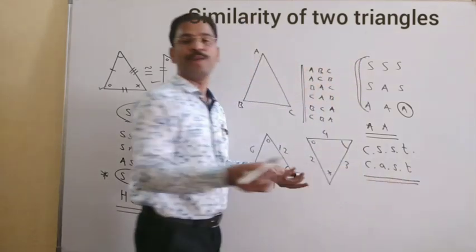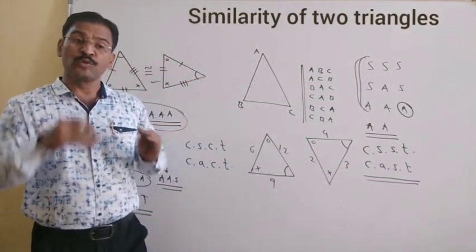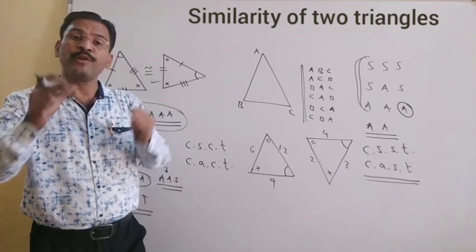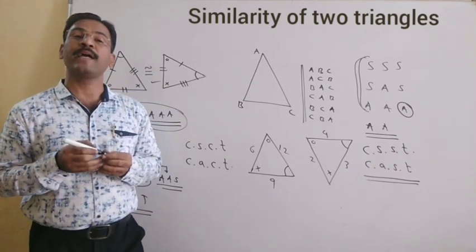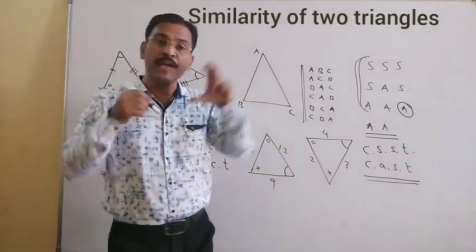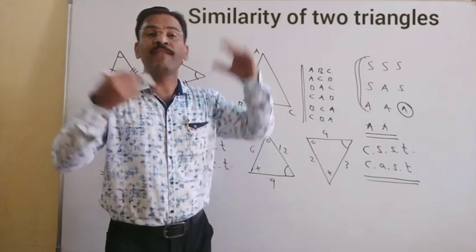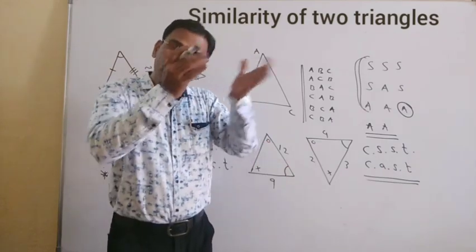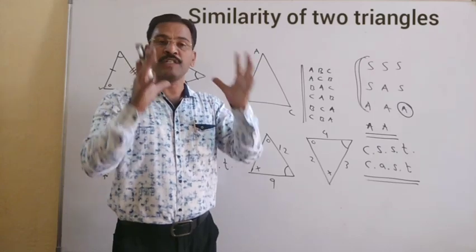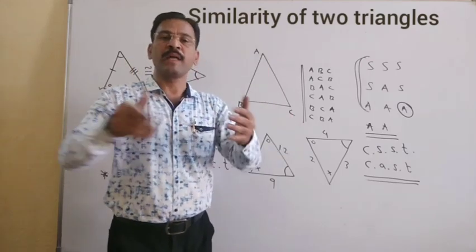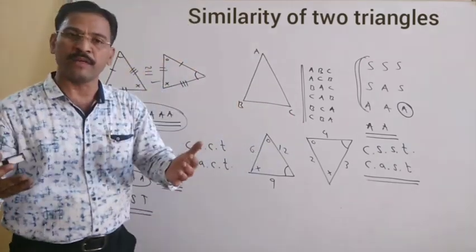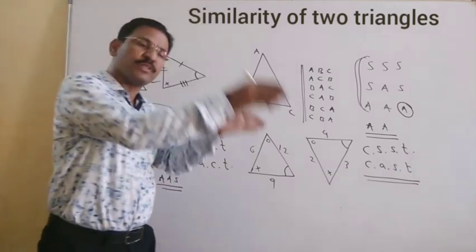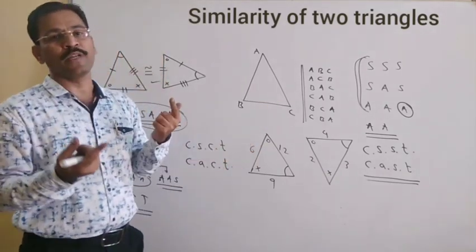Like this we can use. Understand? So whenever we are going to solve the examples, just try to identify exactly which test we are going to use. All the given information, try to write in the figure, or sometimes values are given to us, so just try to put the values in the given figure and think.